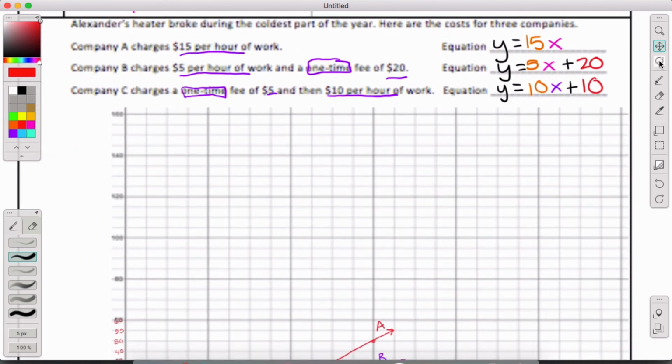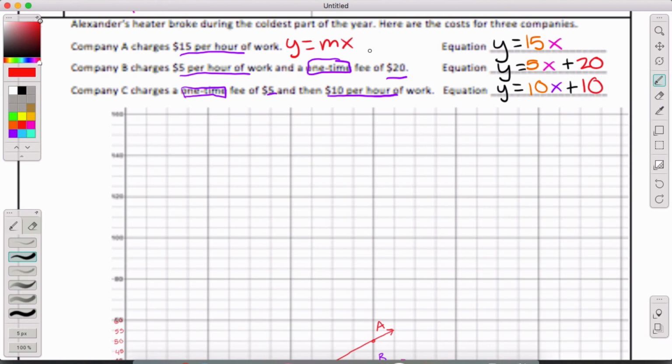All right. This first one kind of takes you back to 7th grade and the beginning of this year. So when we see company A charges $15 per hour of work, but doesn't give us a one-time fee, that means that this equation is going to be y equals mx.